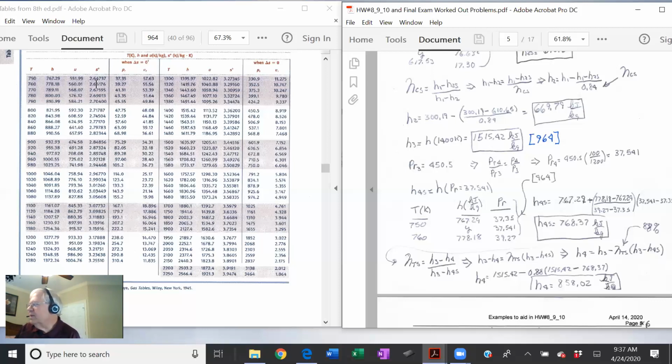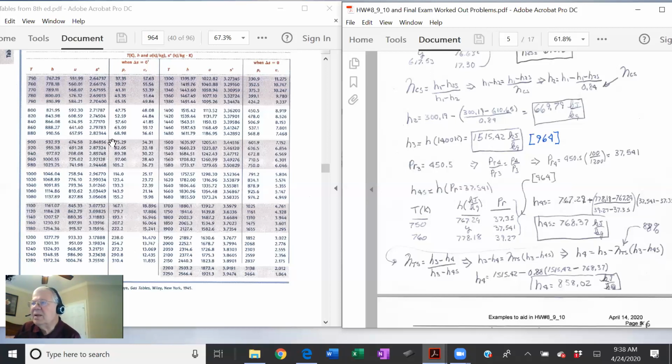PR4 is 37.54, so it's right between these two. See, that's PR. I was looking at VR. We don't even use VR. So it lies between 37.35 and 39.27. There's those two values. That's right. There's the actual y value, the x value.